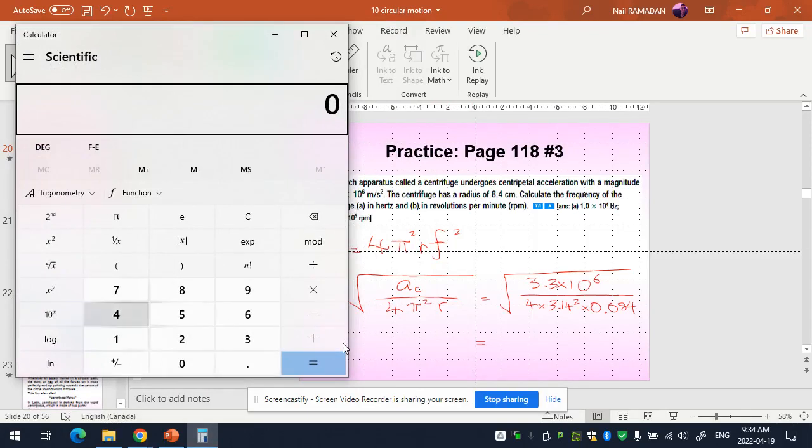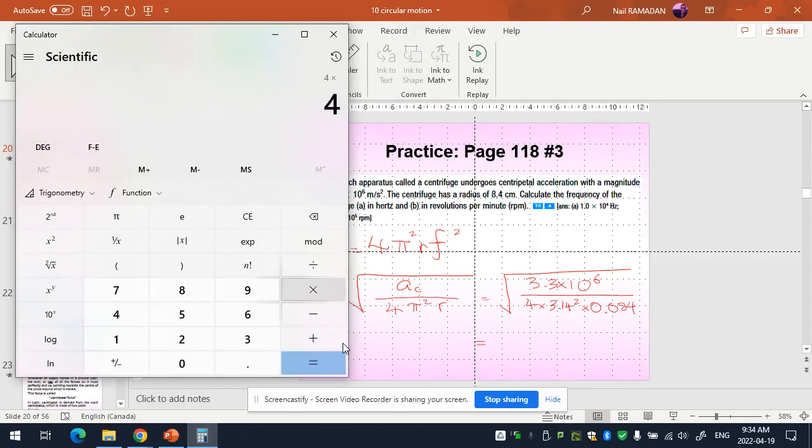So 4 times 3.14 squared times 0.084. Everyone, that right there, listen up. That right there is my denominator. I'm going to flip it and multiply it by 3.3 times 10 to the 6. So I flip this way. Look, 1 over x, everyone, flips. Boom. Times 3.3 exponent 6.